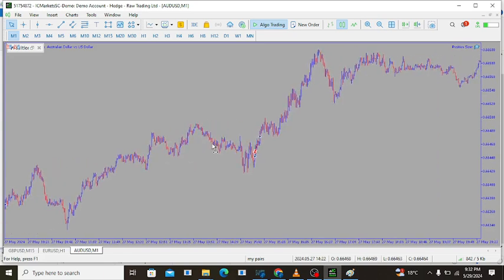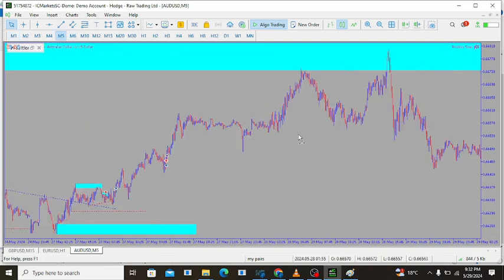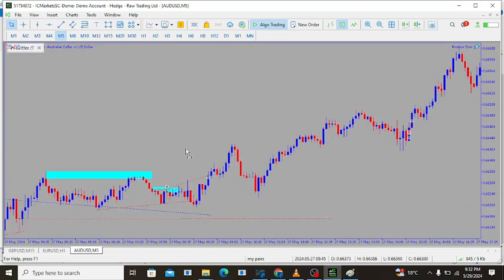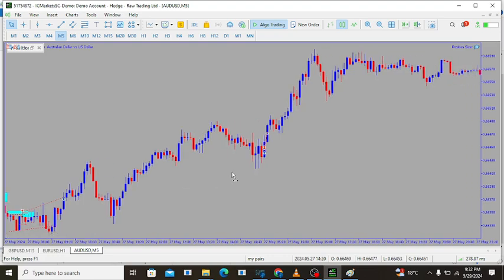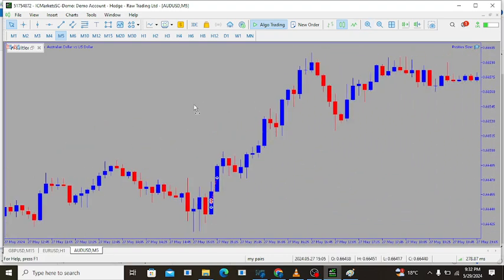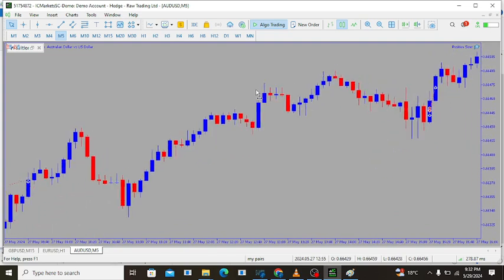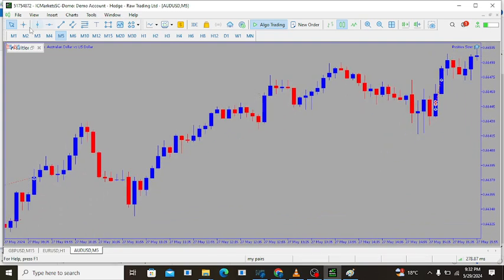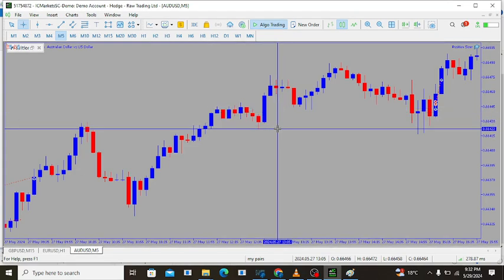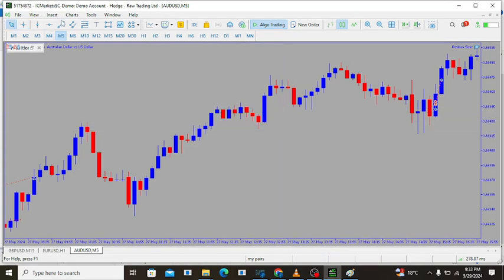You see? What annoys me is, you see, it's a sweep. The sweep M15, M5. You see the sweep.